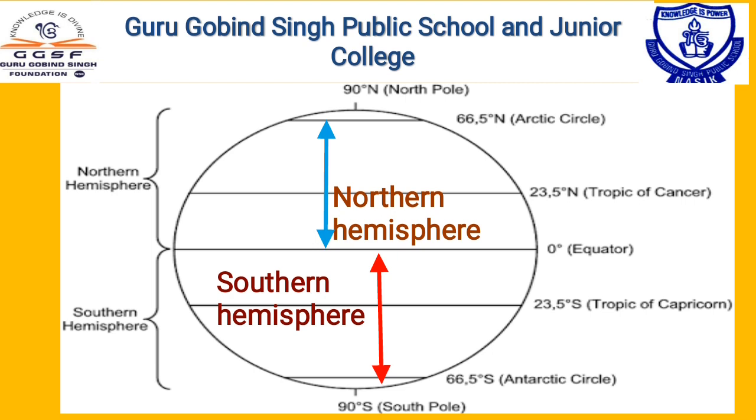In this period also we will see part of parallels of latitude. So what is meant by parallels of latitude? Parallels of latitude means the circles created at some angular distance from the center of the earth are parallel to one another, hence they are called parallels of latitude.